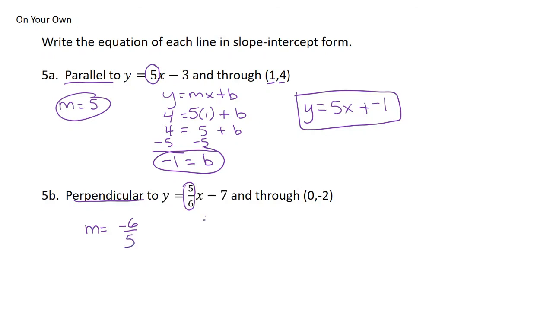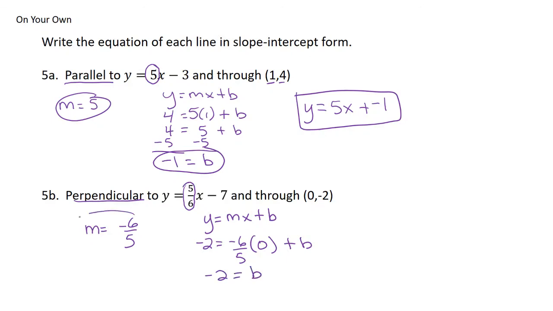Our slope-intercept equation is y equals mx plus b, so we have to solve for b here. Let's fill in what we know. Our y is -2, so -2 equals, and our m is -6/5, our x is 0, plus b. This is all 0, so we see that -2 equals b.